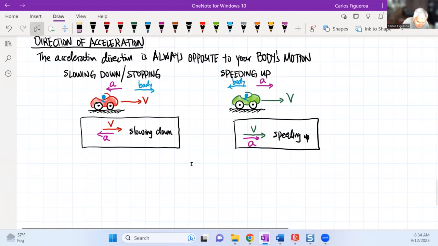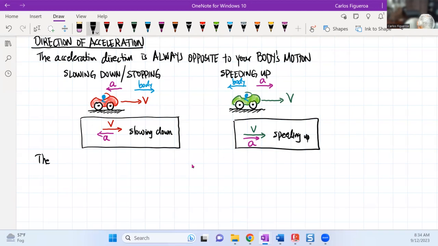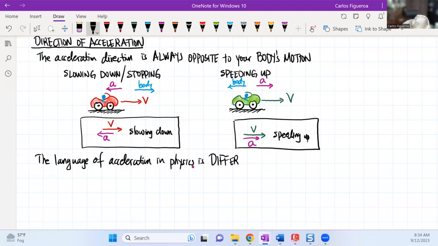Now, we have to change language here. Okay, so this is a language thing, and this is how we define acceleration in physics. The language of acceleration in physics is different than everyday language.